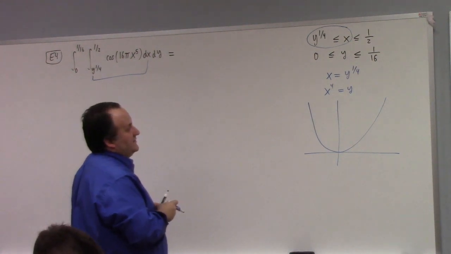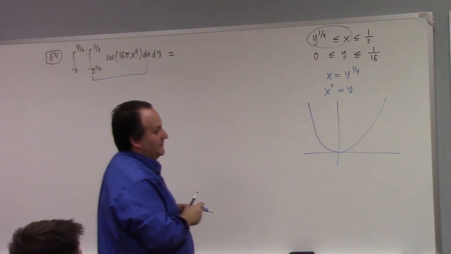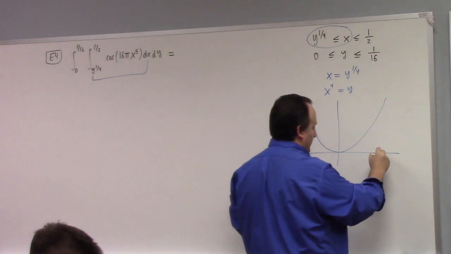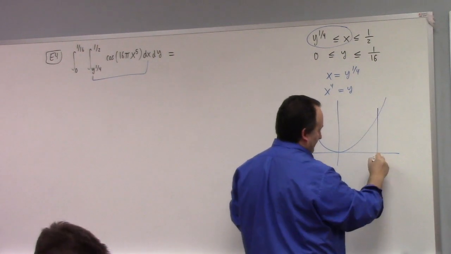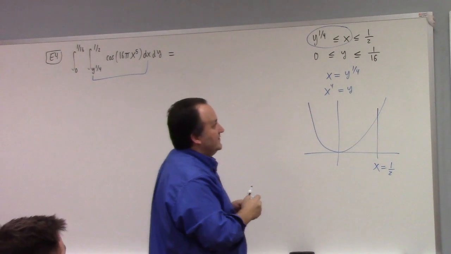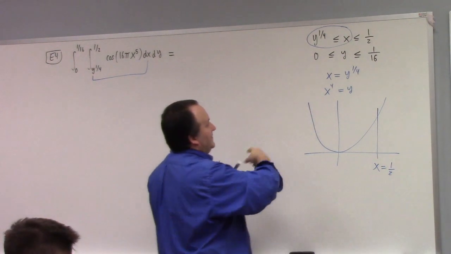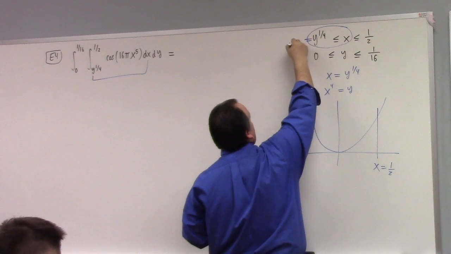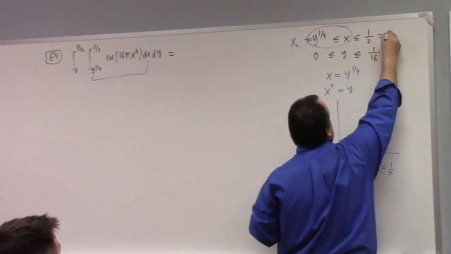So that's y equals x to the 4th, and then 1/2, I'll draw, well, x equals 1/2 is like here, right? Let's say. And so what's going on? This is my left x, this is my right x, right?